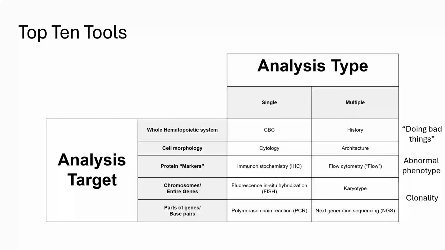Cytology and architecture can also prove that it's doing bad things if it's taking over a place where it should not be taking over. Now, abnormal phenotype, we can see with immunohistochemistry or flow cytometry. And clonality, we can prove by showing different rearrangements of chromosomes or genes using FISH or karyotype, or even looking at parts of genes with PCR or next generation sequencing.